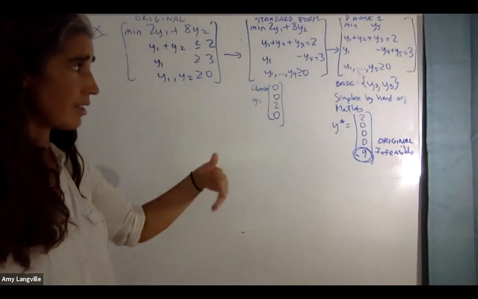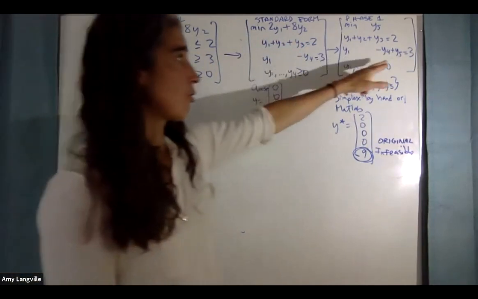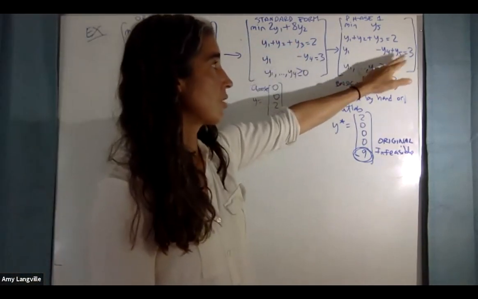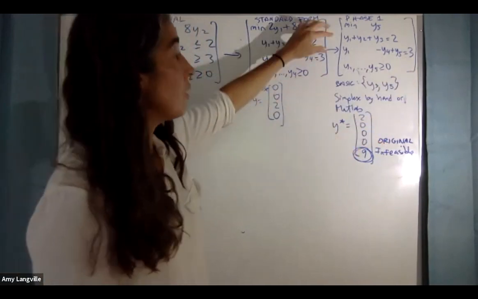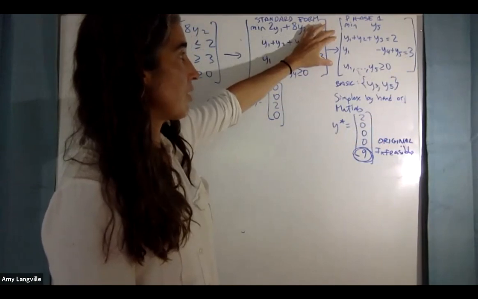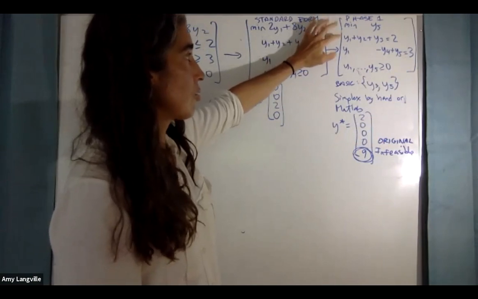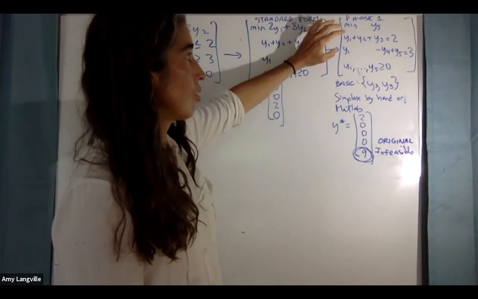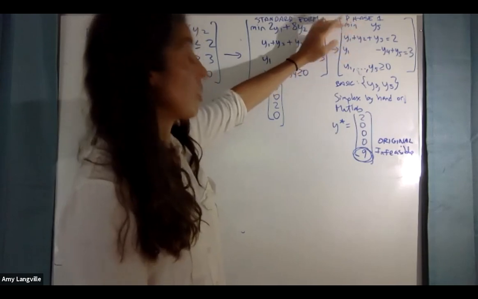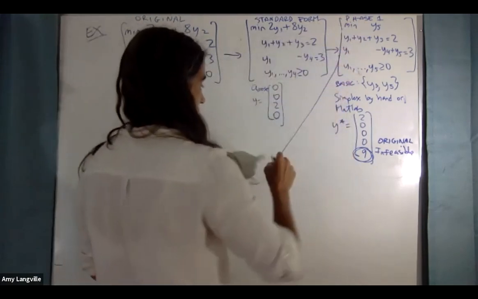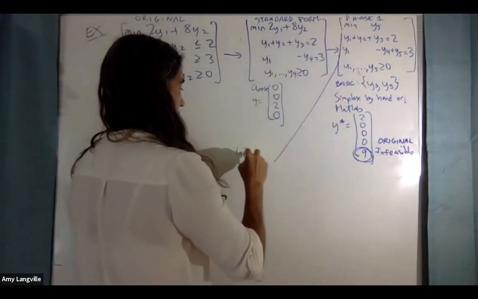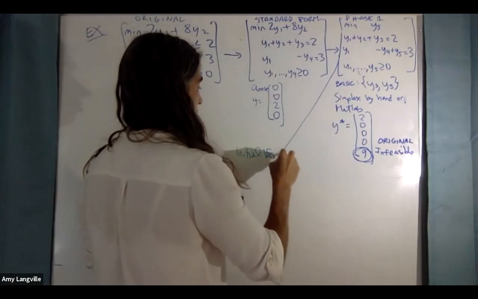The trick is to add your artificial variable y5 to this one.